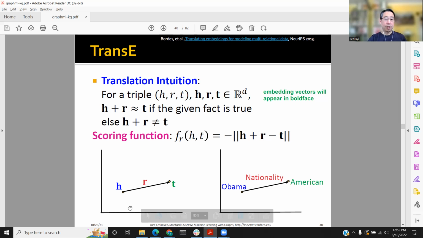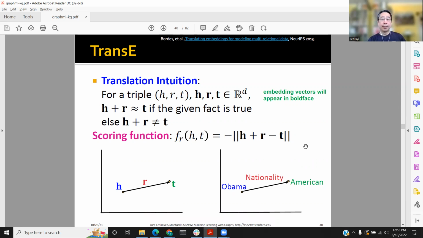If the head plus relationship is 10 units away from the tail, we give that a score of -10. If it's an exact perfect match, it's 0. So the highest possible value for a scoring function is 0. All the other values are going to be negative, and the more you get towards negative infinity, the further away you are.